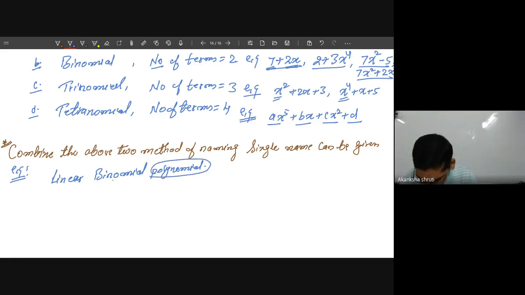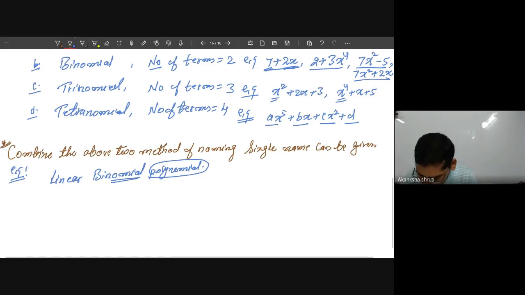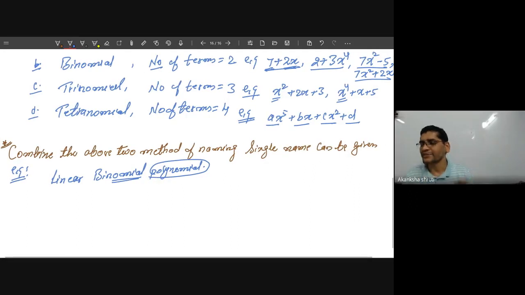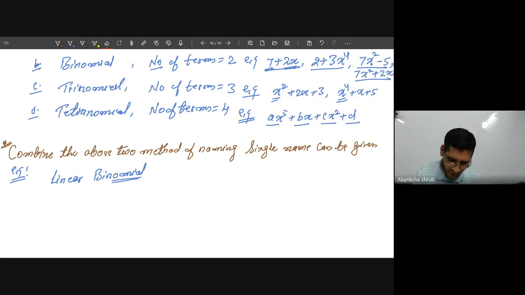Why? Because nomial is already indicated here. Poly simply means many terms. So this word polynomial shall be dropped.